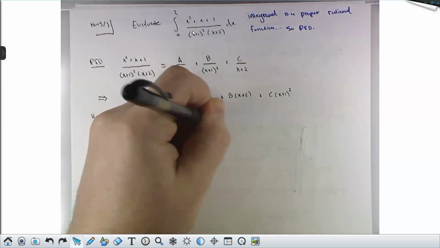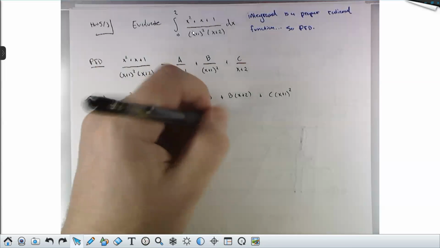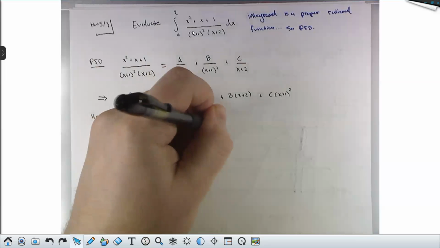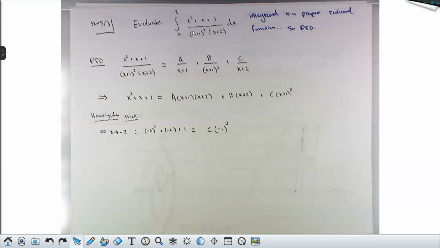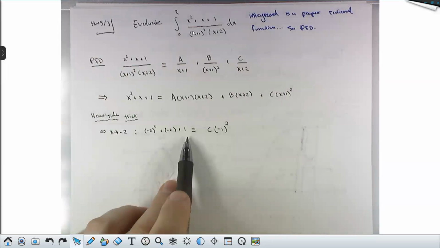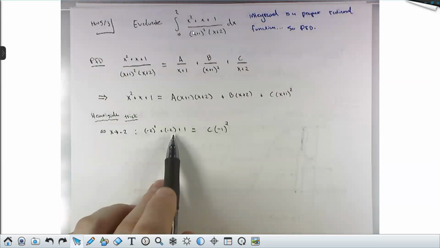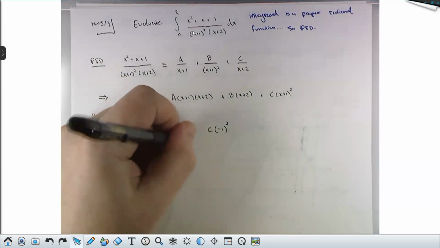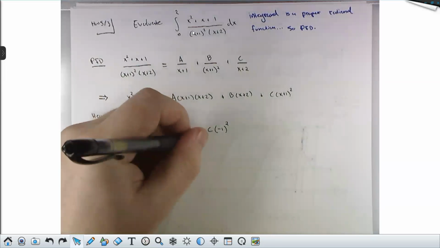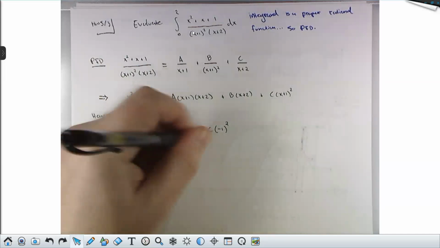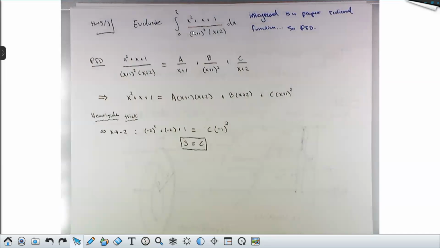It's C times -2 plus 1 squared, which is -1 squared. So what is this? This is 4 minus 2 plus 1, right? 4 minus 2 is 2, plus 1 is 3. C times -1 squared. Well, -1 squared is 1. So that gives us C right away.